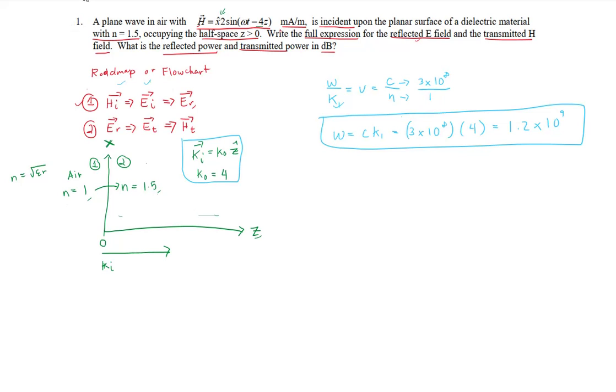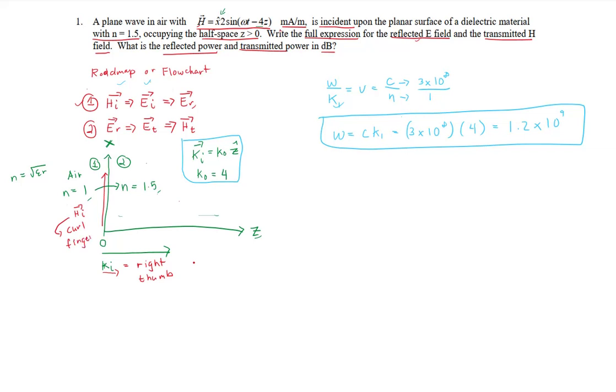To determine the direction of E sub I, we have a k going from left to right along the z-axis, so we let that be our right thumb. We know that H of I is along the x-axis, so we let H of I be the curl of our fingers.